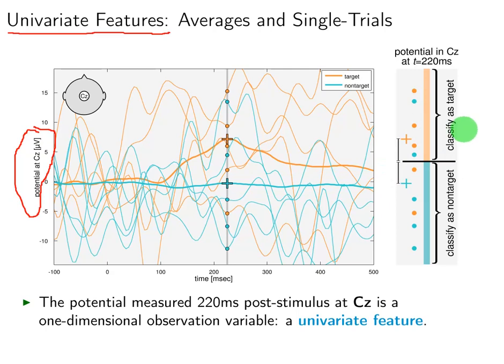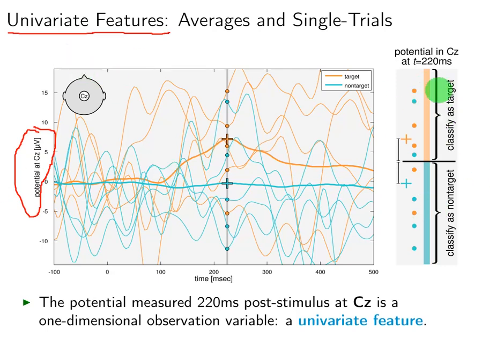What we can do next is feed these to the classifier and classify each as target or non-target. We call them univariate features based on single individual trials. Each dot here corresponds to one trial, one training example.